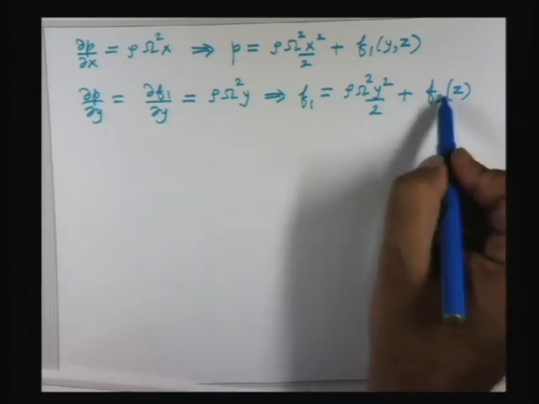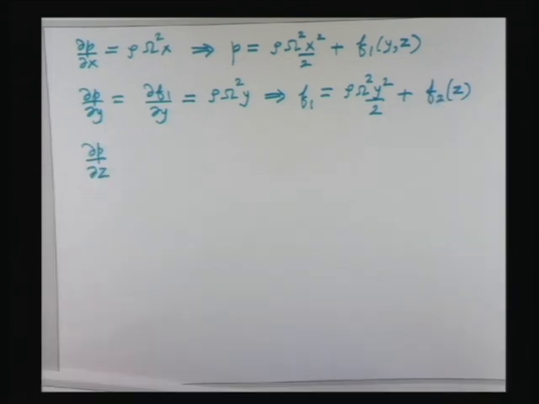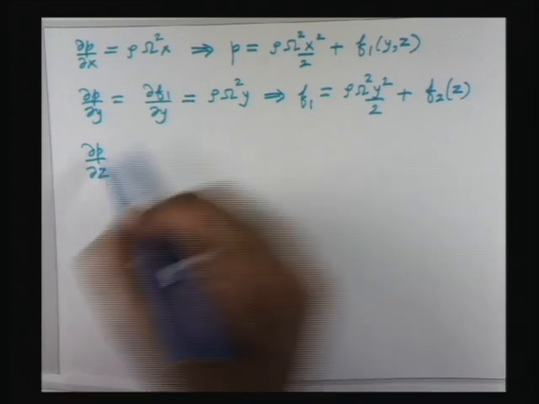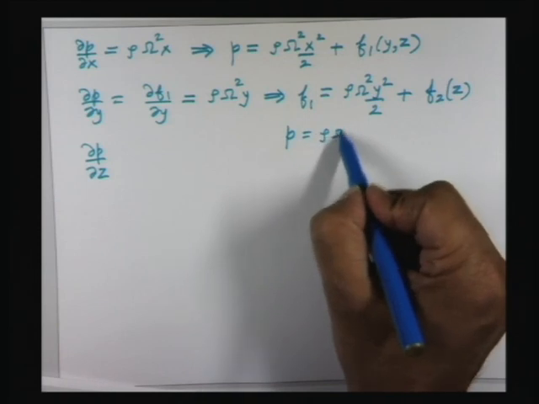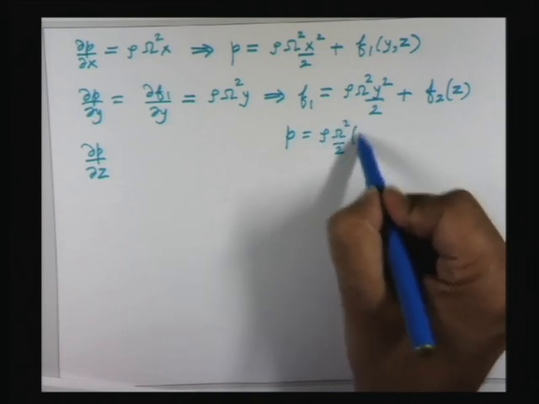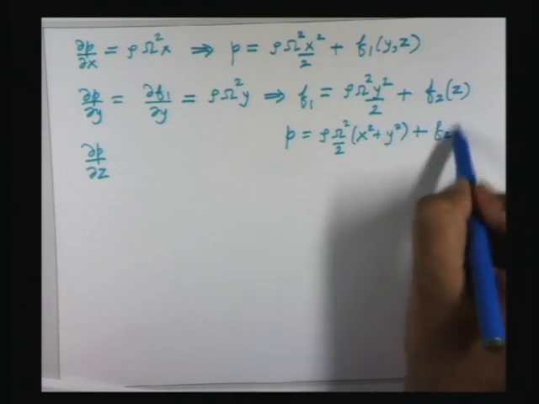Now to find f2, we will have to look at the third equation. Before that you can write p, by substituting this, as rho omega squared by 2 times x squared plus y squared plus f2 of z.